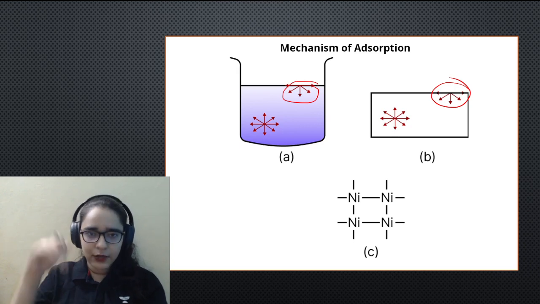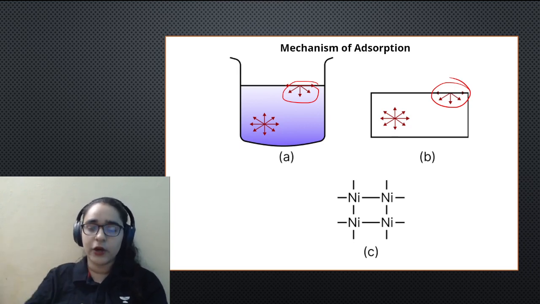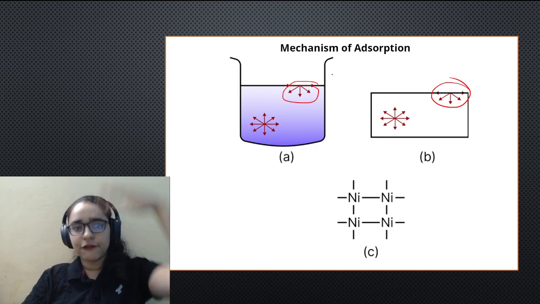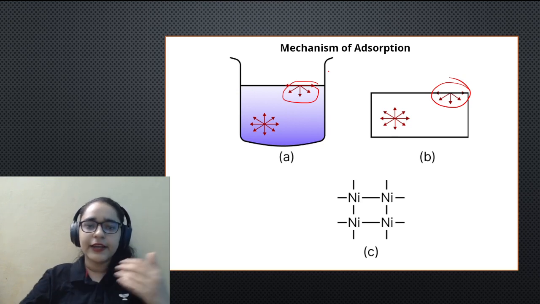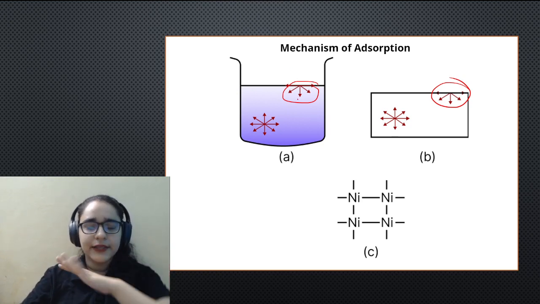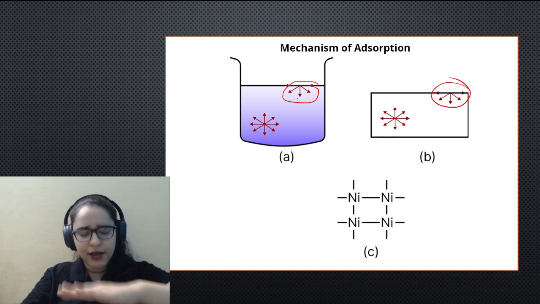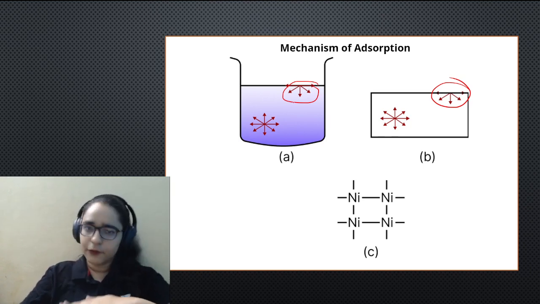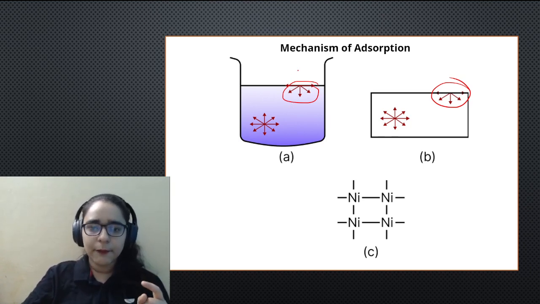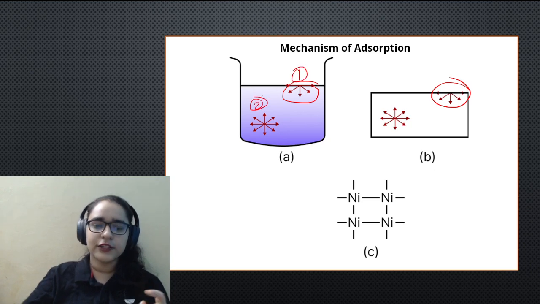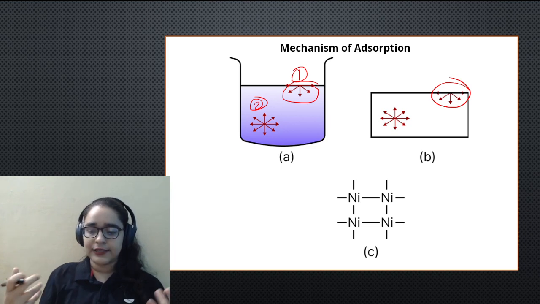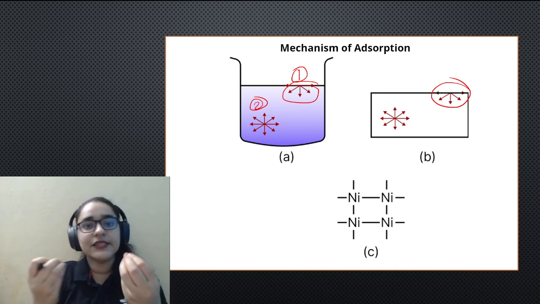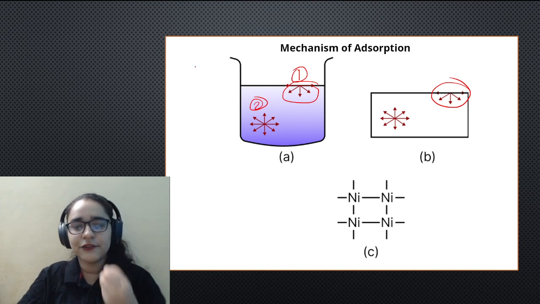There's a force of attraction inward, but halfway, the air molecules are not showing that much attraction. So if you compare this one and two, there's a huge difference in the force of attraction. So yes, they feel the surface tension. That is known as surface tension.